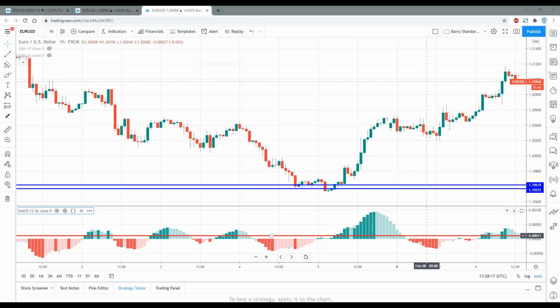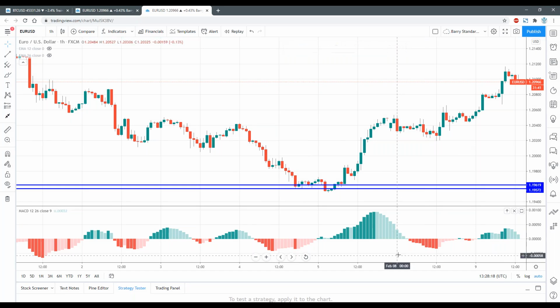That histogram is based on the zero line, and you can tell everything about price movement, everything about signals, everything about the trends by looking at that histogram. So that is how we put MACD on our charts.